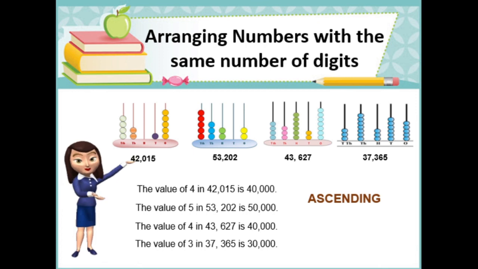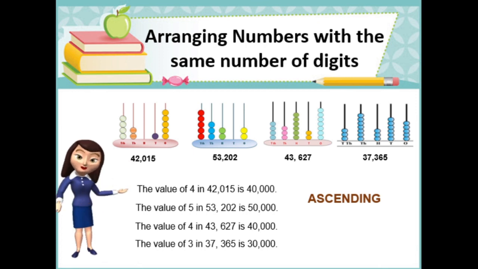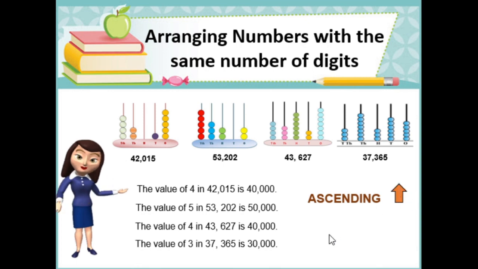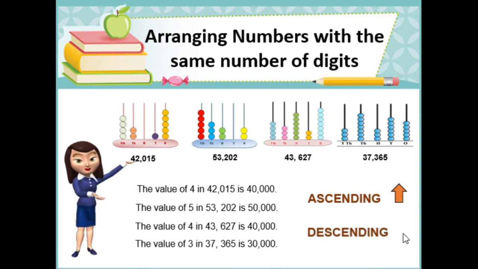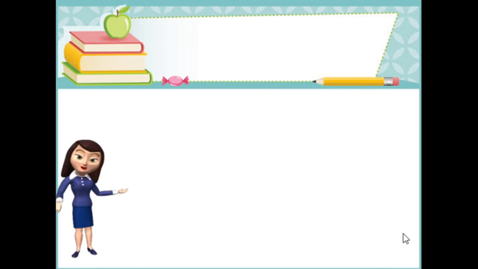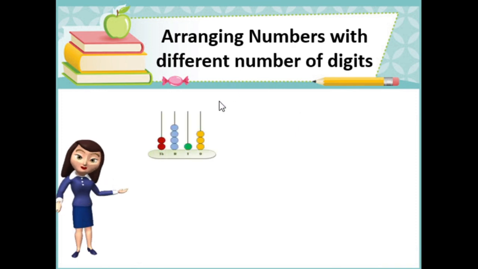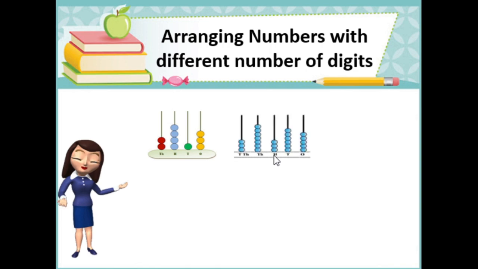When we are able to find their values, we can arrange them in 2 ways. First, ascending, which is going up, and descending, which is going down. As I have said, we also arrange numbers even if they have different number of digits.